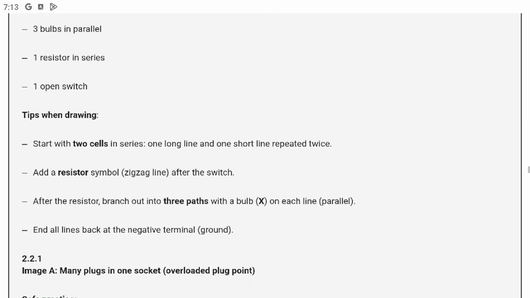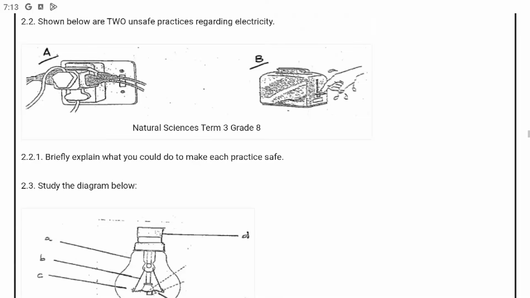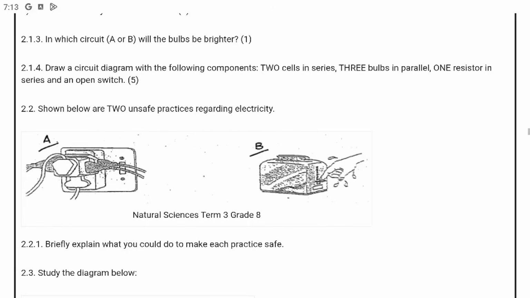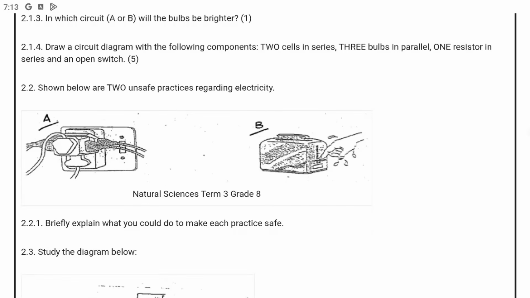Okay, so let's go to 2.2. Briefly explain what you could do to make each practice safe. So we're given two scenarios. There's A on the left and B. On A, we can see there's a bunch of plugs piled up in one place.